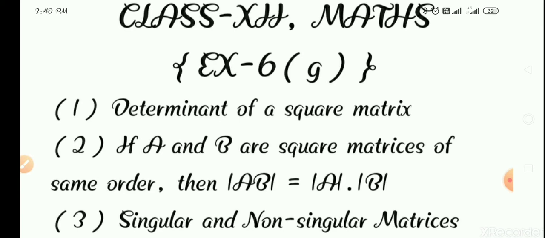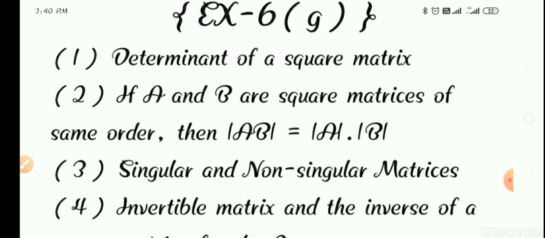Then determinant of the product AB equals determinant of A multiplied by determinant of B. With the help of this property, you can find the determinant of AB directly. Determinant of A you can find, determinant of B you can find, and then you can write determinant of AB equals determinant of A multiplied by determinant of B.